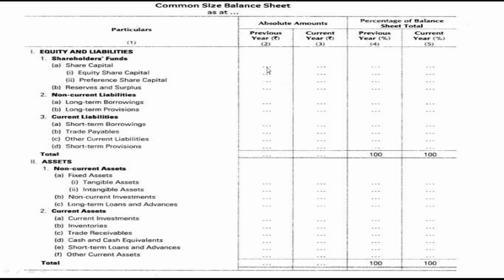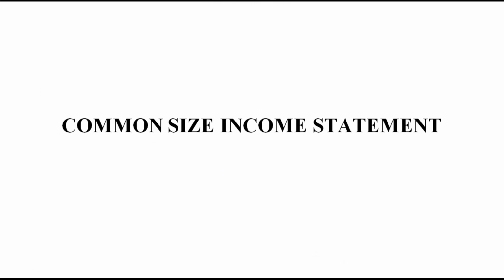Whatever the asset or liability for that year, it is divided by the total of that balance sheet to arrive at its percentage in that particular year. As I told you, the main aim is to know the importance of a particular asset or liability in the total balance sheet.